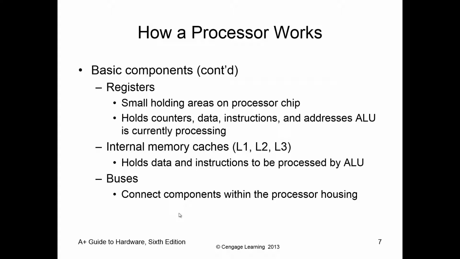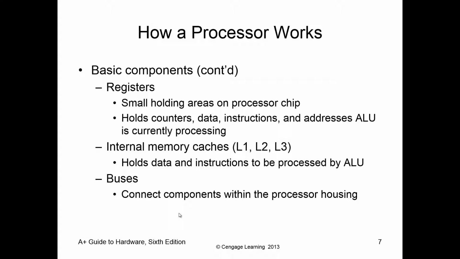Now we have to talk about the overall storage of those processes or threads in the processor. That is broken down into three other areas: registers, cache, and our bus. Our registers are small holding areas on the processor chip. It's extremely fast temporary memory.